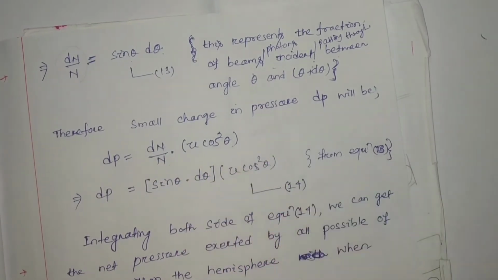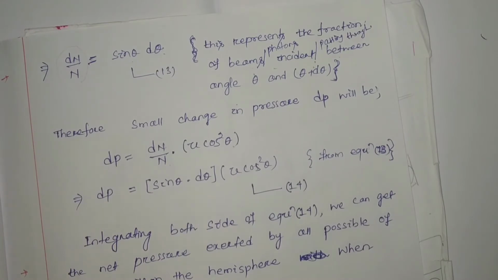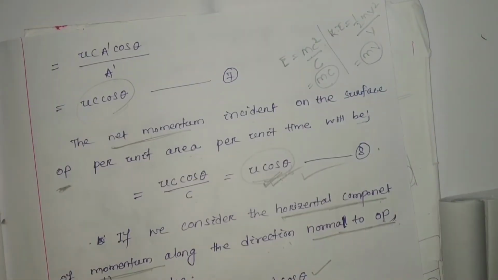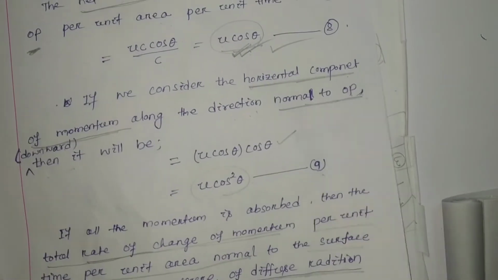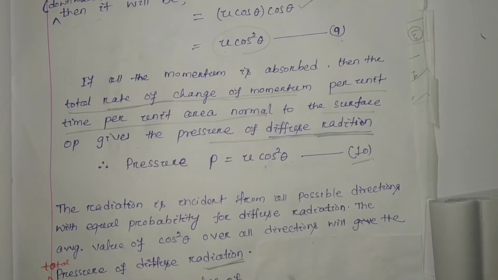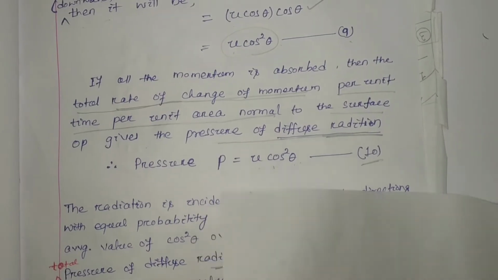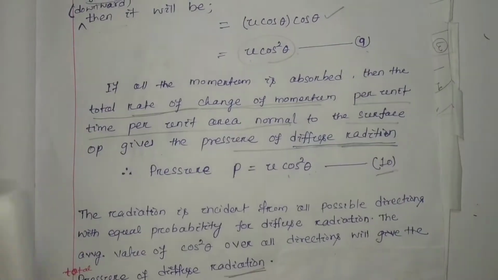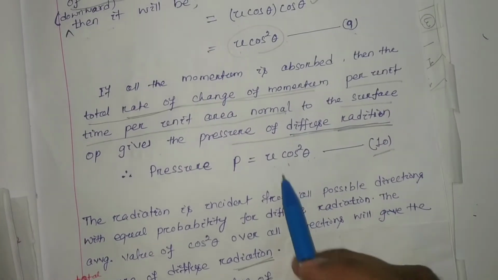How is it? See, we know that previously, from equation number 10, we found that total pressure is equal to u cos square theta.